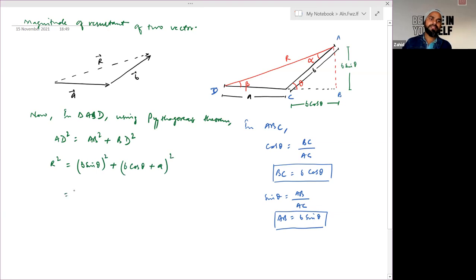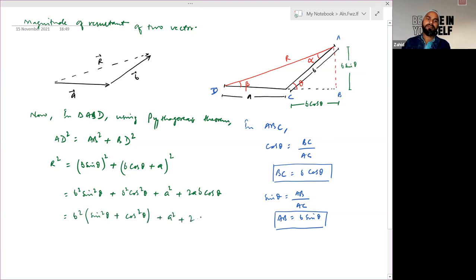Now, if you expand it, you'll get B square sine square theta plus A square plus B square cos square theta plus 2 times A into B cos theta. If we take B square common from the two terms, you're left with sine square theta plus cos square theta.